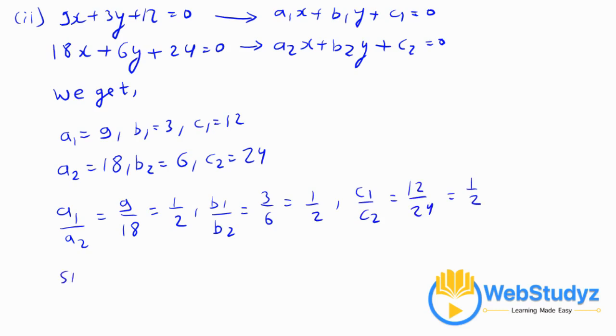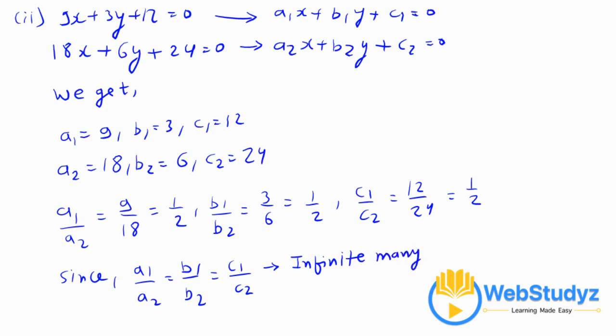So as we can see, since a1 by a2 equals b1 by b2 equals c1 by c2, the pair of lines have infinitely many solutions, and the lines are coincident.